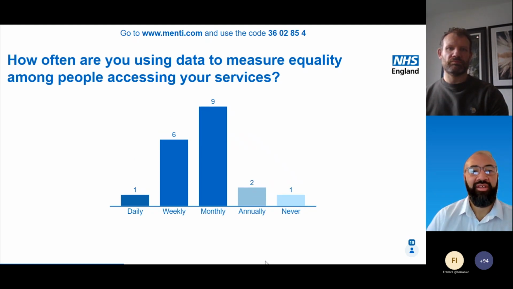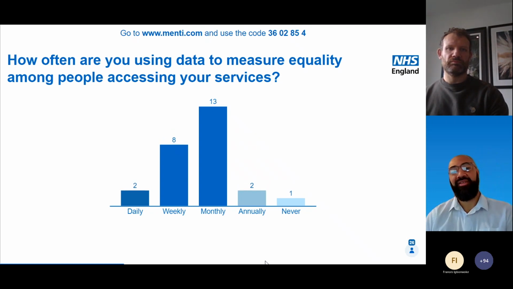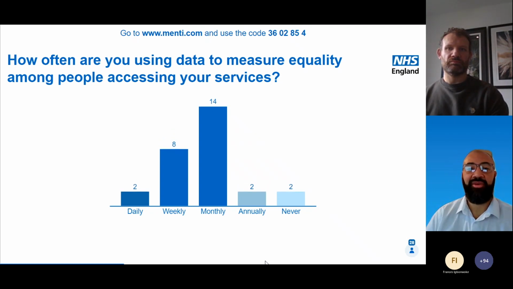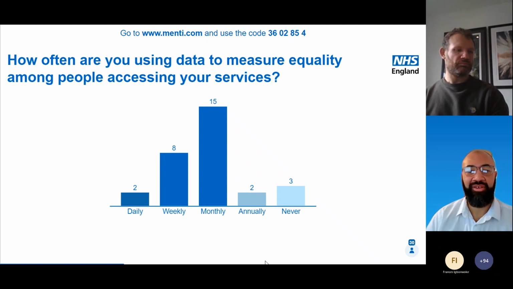We can see that most of the people are doing it monthly, and I suppose that kind of coincides with submissions as well. I'll just give it a few more seconds if anyone else wants to answer, but we can see that monthly is by far and away the most popular choice there.